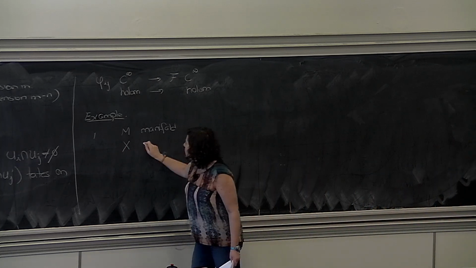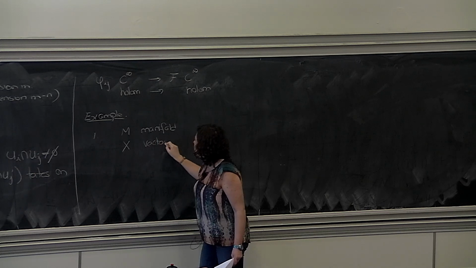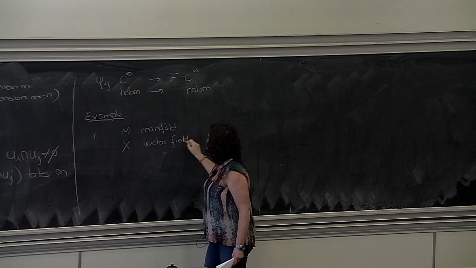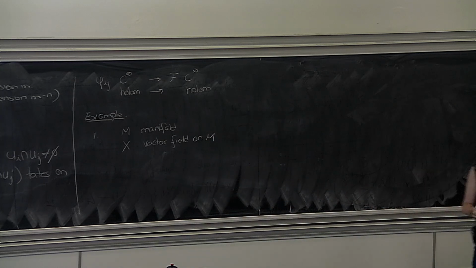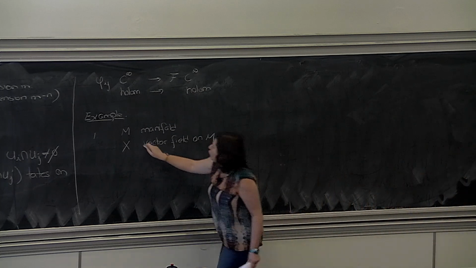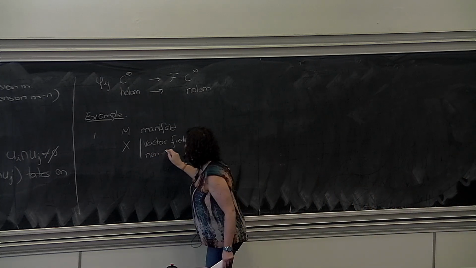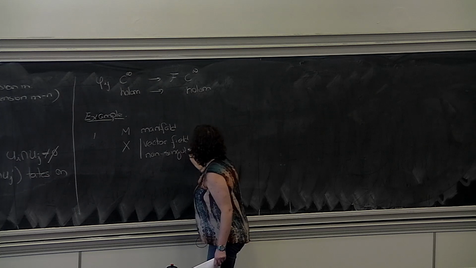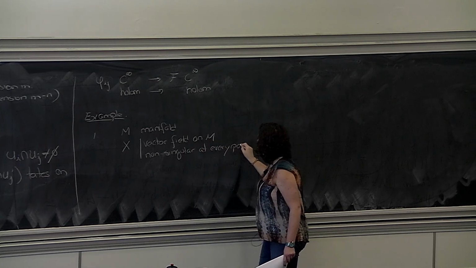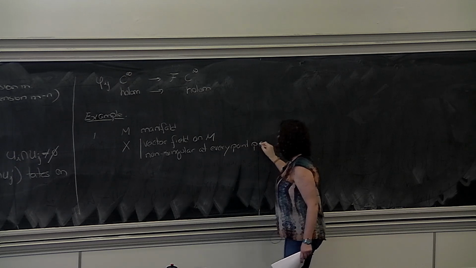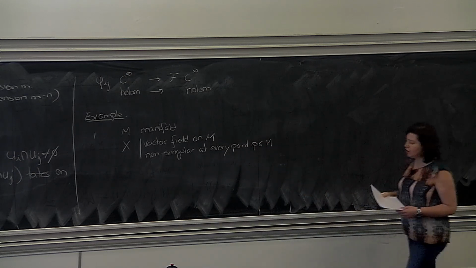And let X be a vector field defined on M, a C-infinity vector field or a holomorphic vector field. And let me assume that this vector field is non-singular at every point p on M, so it never vanishes.